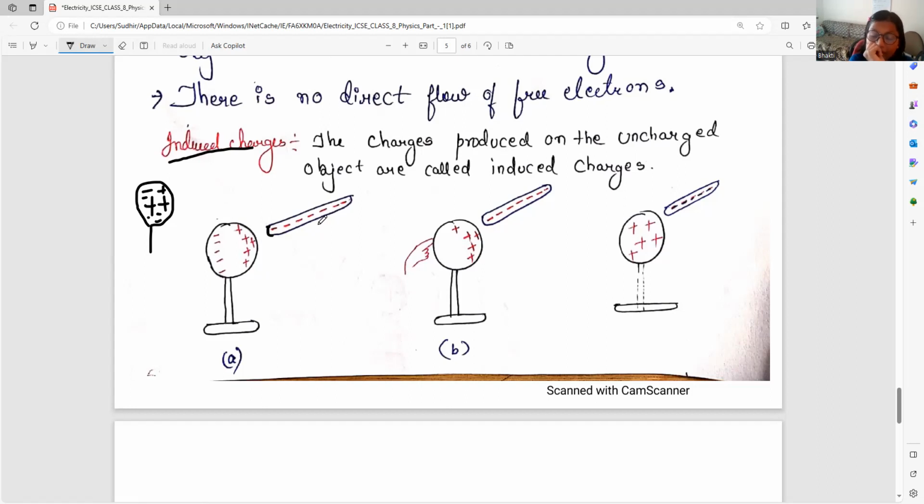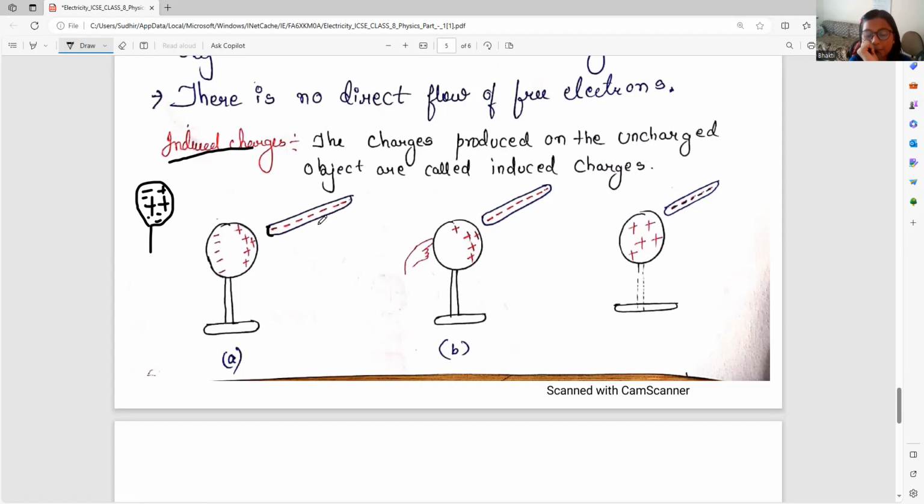When it gains electrons and is taken nearer to another object, it will attract the opposite charge, because equal charges repel and opposite charges attract. So this rod will attract the protons, the positive charge.